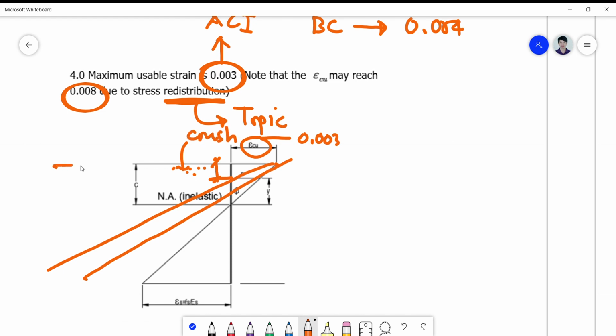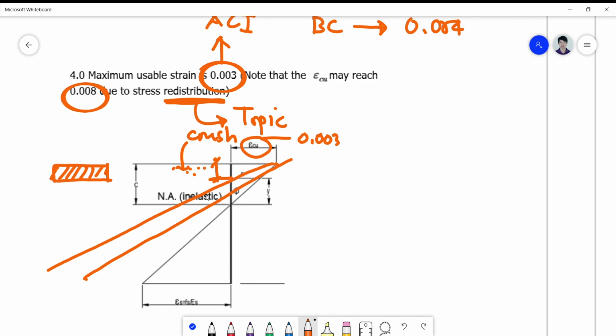So when the concrete in compression is no longer able to withstand the loading due to the very small area in compression, your moment reduces to a value less than the required or ultimate moment, then your beam will fail.